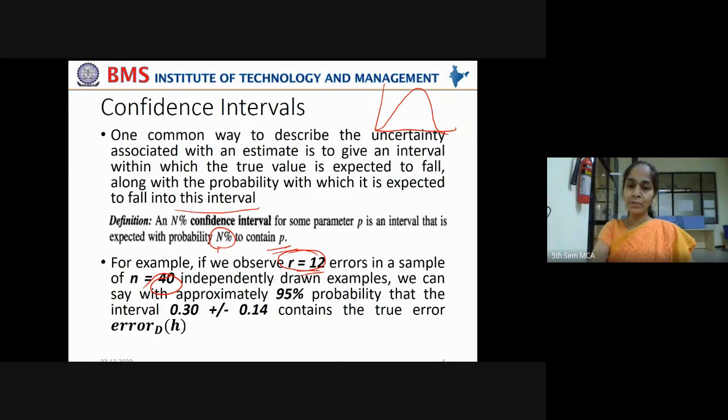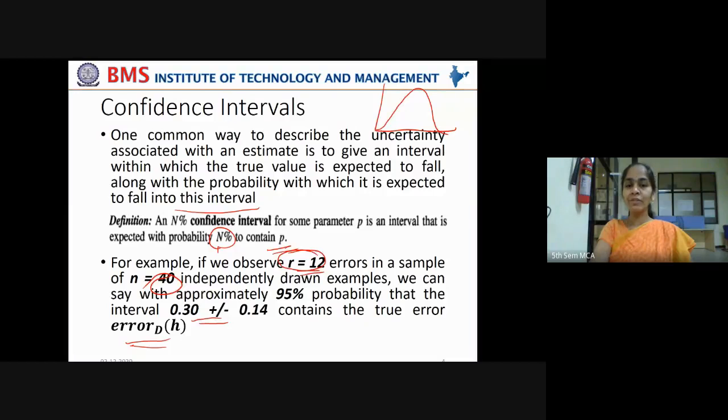So the number of errors made here is 12. Now, we can say that approximately 95% probability that the interval contains the true error d of h. Now what is the interval? 0.30 plus or minus 0.14.